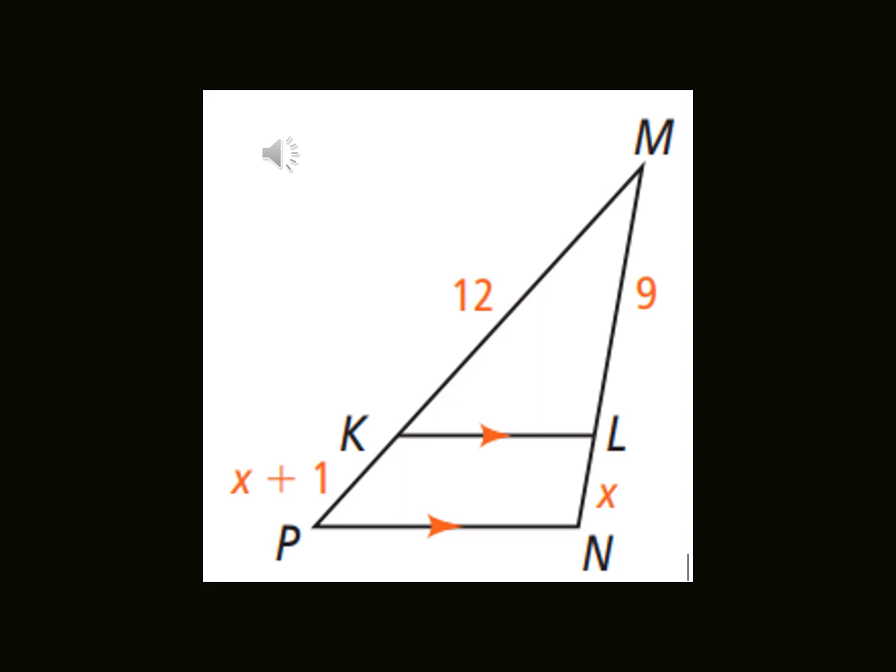So here's a real typical problem. The directions, if anything, would just say solve for x. And you can see we've got a parallel line to the bottom of the triangle. And it divides the left side into 12 and x plus 1. It divides the right side into 9 and x.